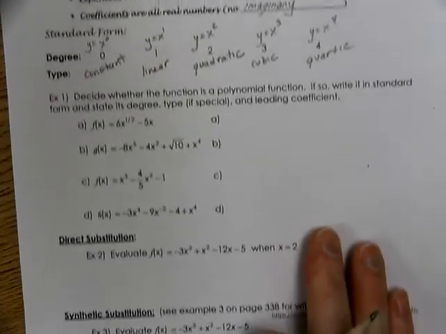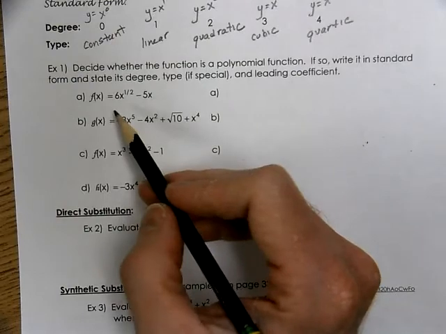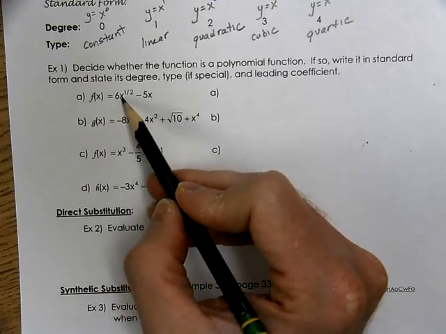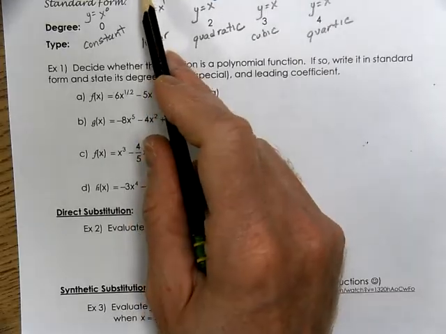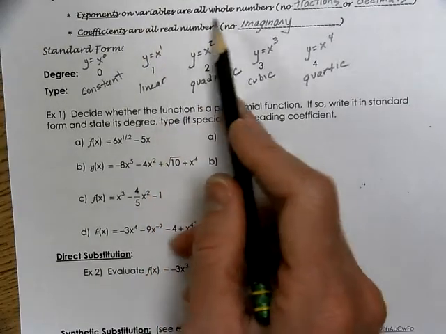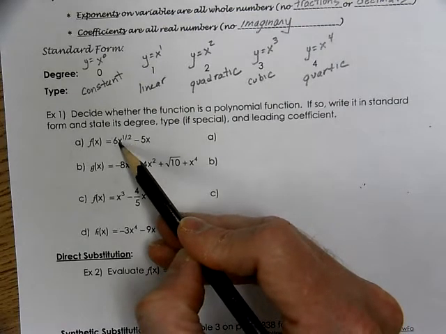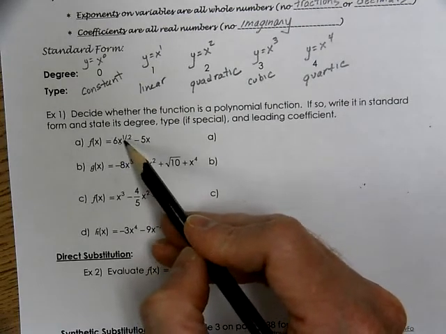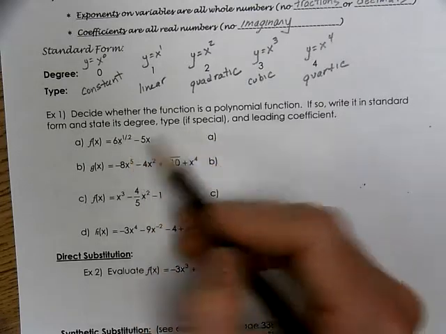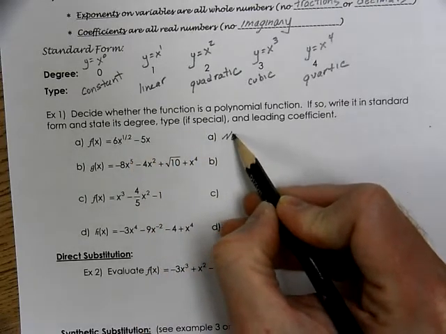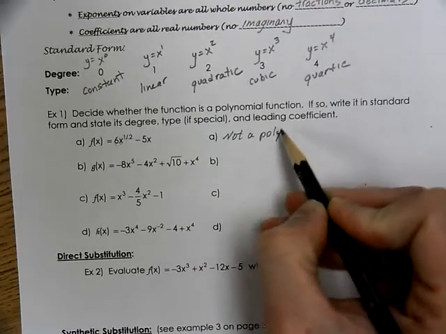So we'll come down here and discuss if these are polynomials. So I'm looking at 6x to the half power. Well, we talked about how the exponents had to be whole numbers. This is an exponent on your variable that is not a whole number. That actually means a square root. So no, you can't have that. Not a polynomial.